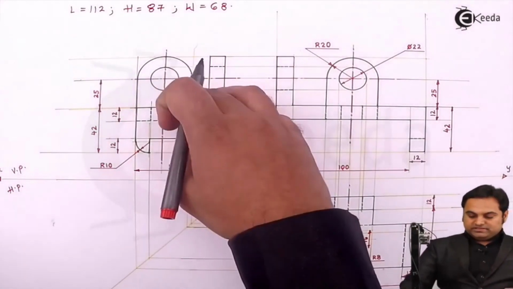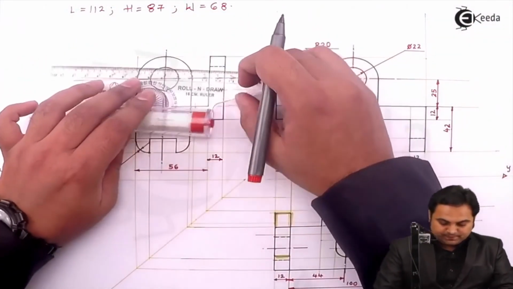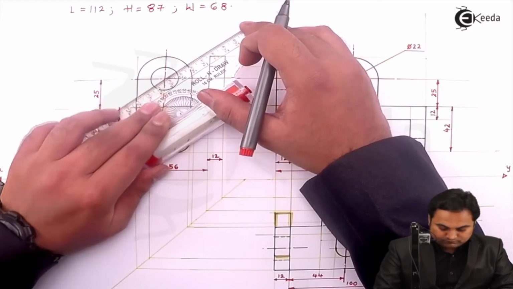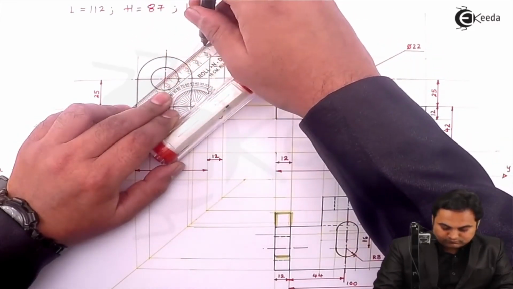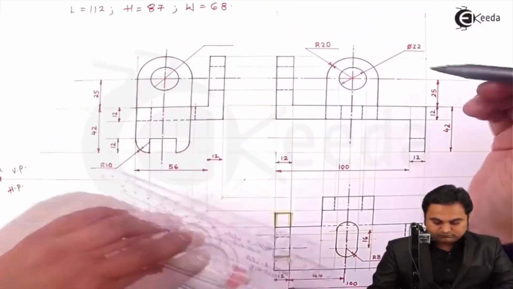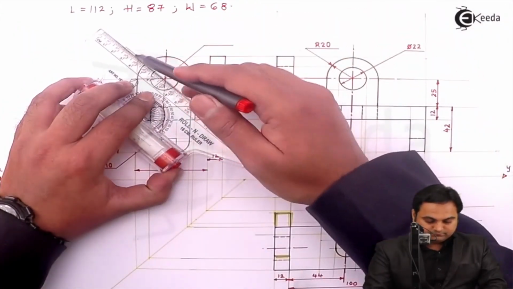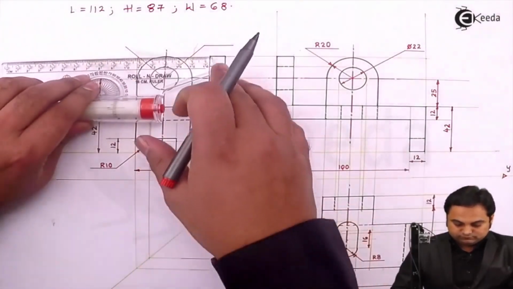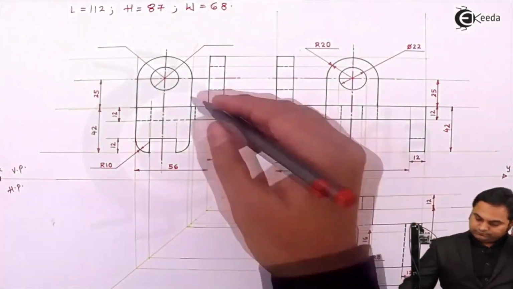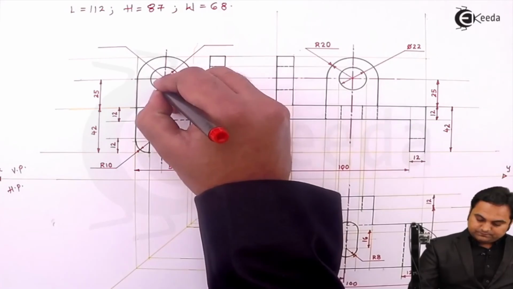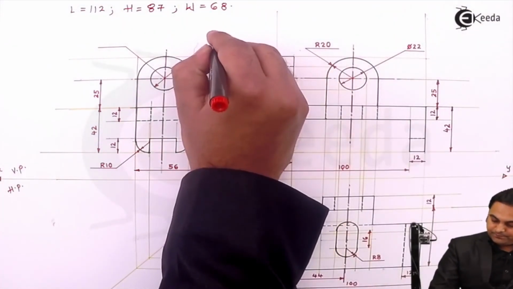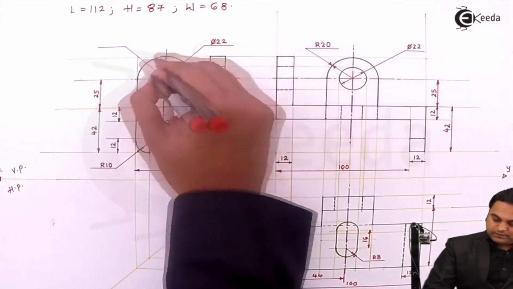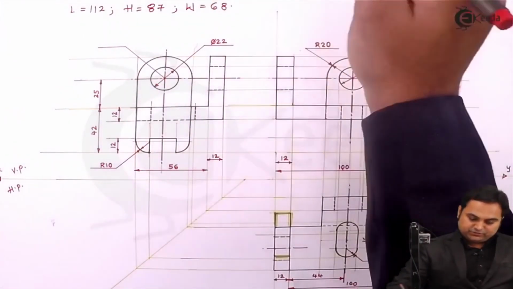Then semicircle and outer circles are there. So this circle has a diameter of 22 mm and the semicircle has a radius of 20 mm.